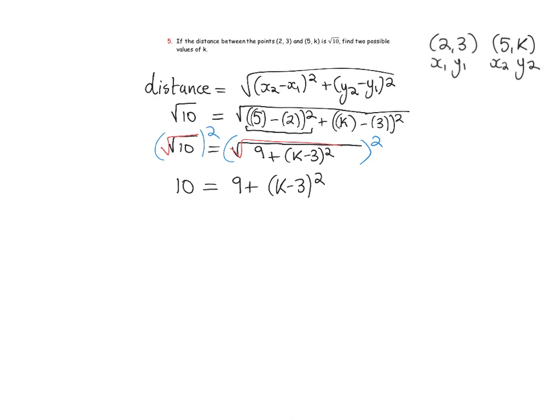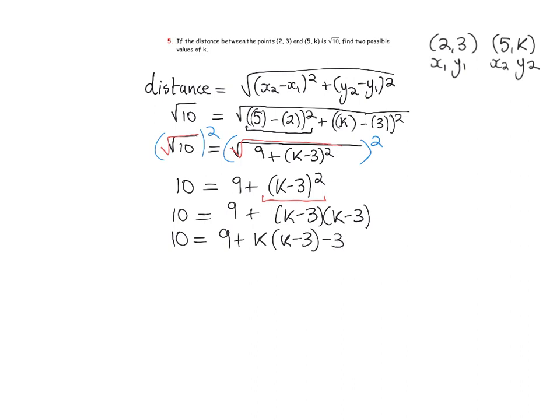Then we have the bracket, and to get rid of this bracket, we just multiply it out. So this is going to be 9 plus (k minus 3)(k minus 3). So 10 is equal to 9 plus (k minus 3)(k minus 3).